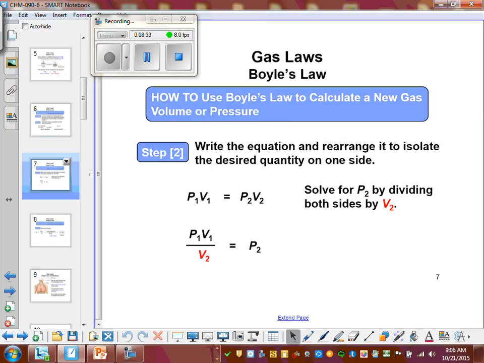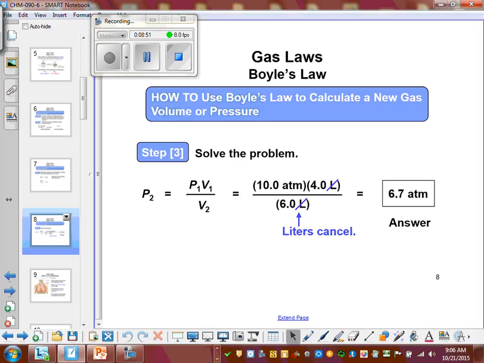So setting up the equation and solving for P2, P2 is equal to P1 V1 divided by V2. So we have all of these quantities. So it's 10 times 4 divided by 6.